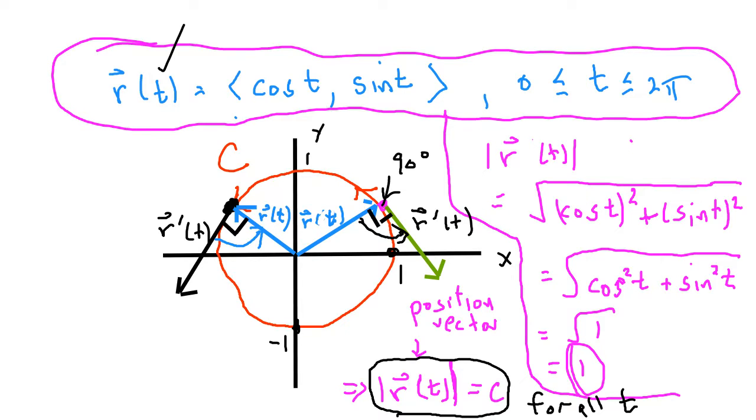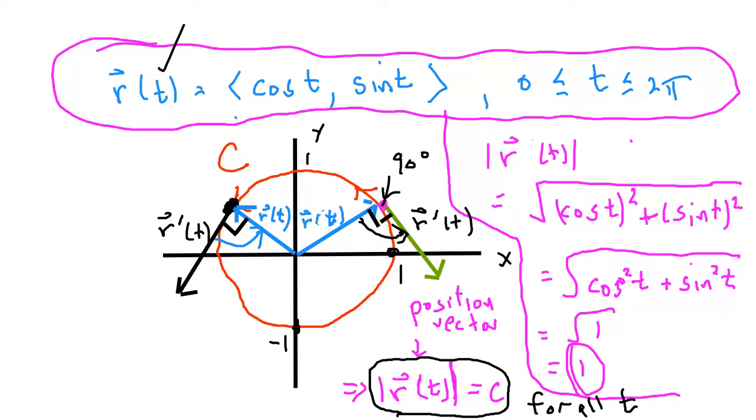So when the length of your vector function is a constant, the vector function is perpendicular to the tangent vector. In other words, the position and tangent vectors are orthogonal when the position vector r of t has constant length.